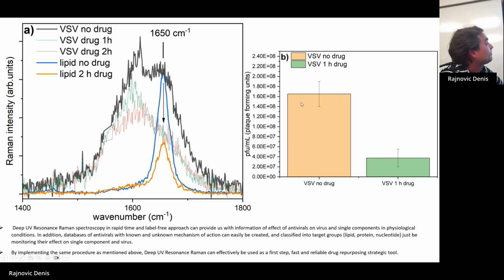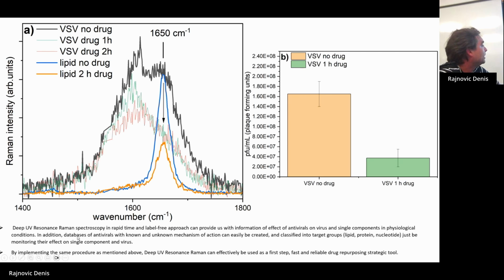And I also assessed the infectivity after the drug incubation, and in 1 hour, the reduction was from 75 to 90%. So I want to stress that deep UV Raman can, in a rapid, tiny, label-free approach, provide us information on the effect of antivirals on virus and single components in physiological conditions.